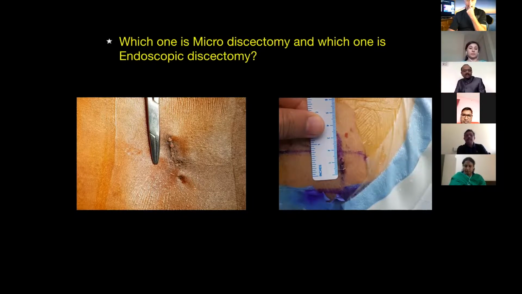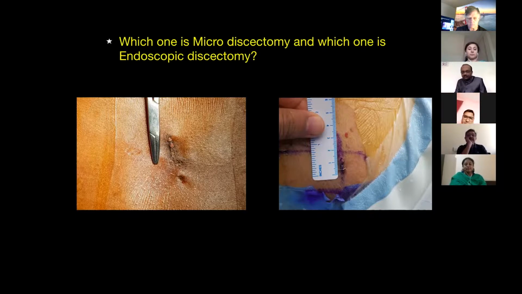Here, can you distinguish between which is microlumbar discectomy and which is endoscopic discectomy? The left one is microscopic discectomy and the right one is endoscopic discectomy. That is 2 centimeters in size and this is 1 centimeter in size, not a big difference. So my talk today is not to tell you about the size of the incision or the muscle dissection alone.